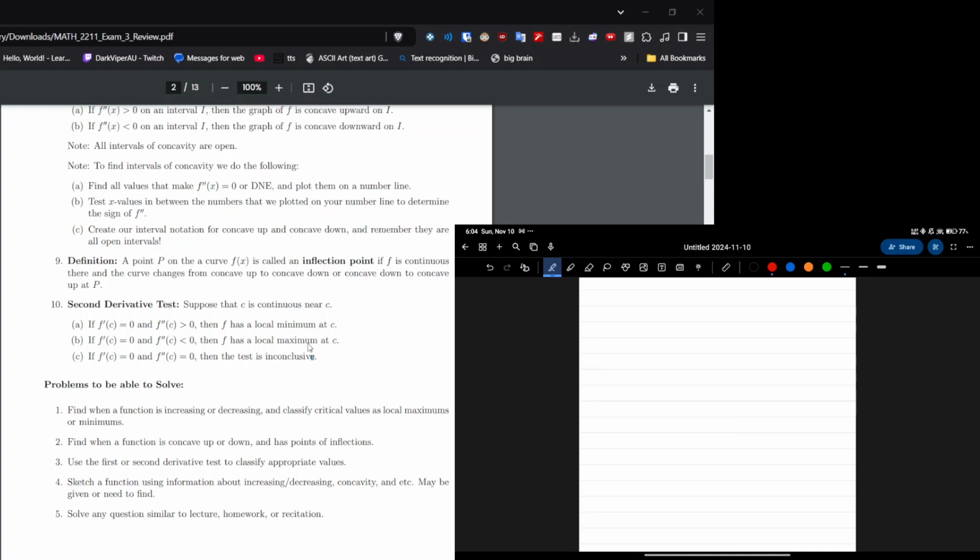But over here we do not have any bounds. So after the first derivative test, whatever you get, you basically set the top equal to 0 and the bottom equal to 0. The top equal to 0, you will get the roots, and the bottom is basically the DNEs. So all of those numbers would be your critical points.